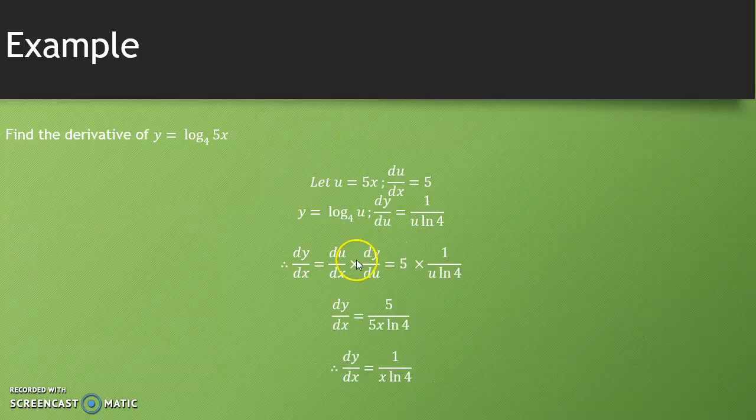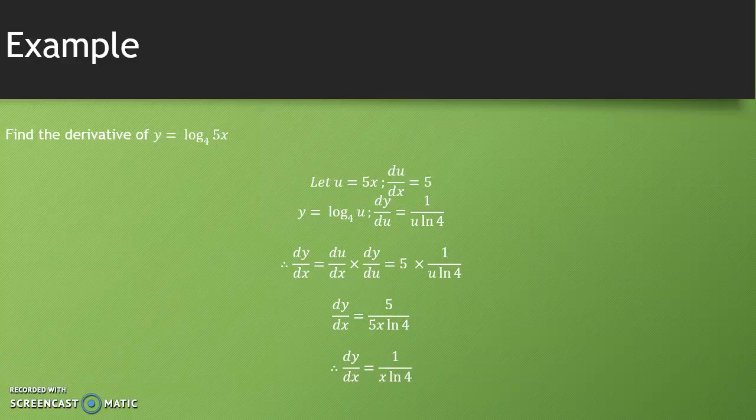And so we bring those two together, we multiply du over dx and dy over du. We get 5 times 1 over u log 4. Remember, u equals 5x. So when we substitute 5x back in where u was, the 5's cancel each other out, and we're left with 1 over x log 4.